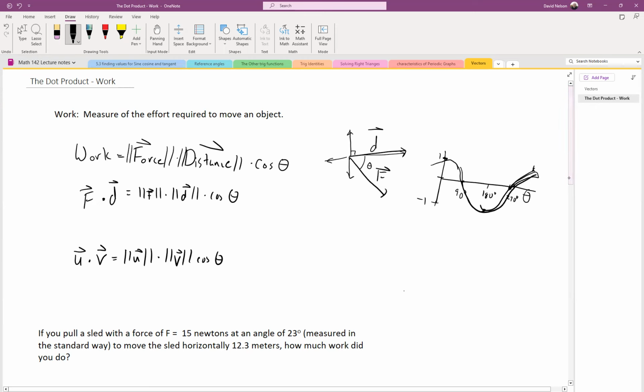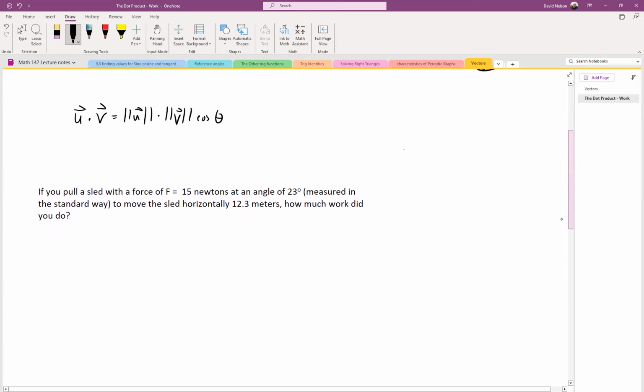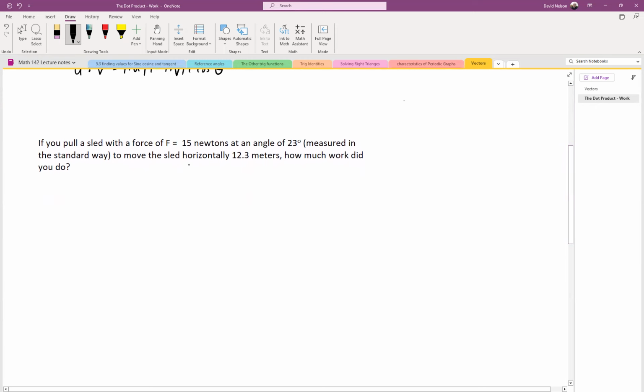As a quick example, say you're pulling a sled with a force of 15 newtons at an angle of 23 degrees from the horizontal, and we want it to move horizontally 12.3 meters. But we're going to pull at a 23-degree angle from the horizontal.